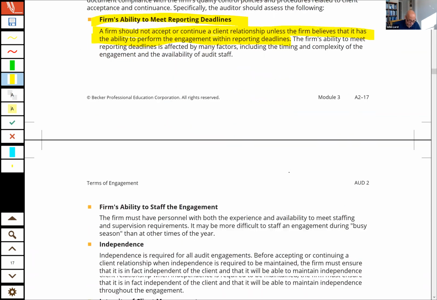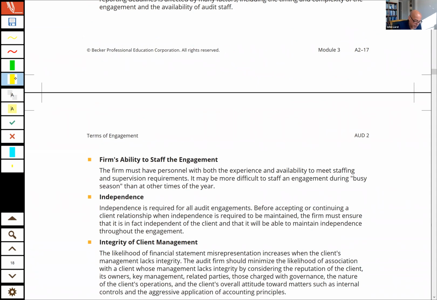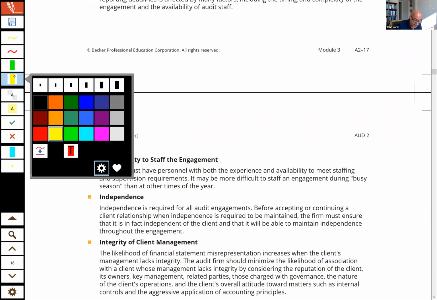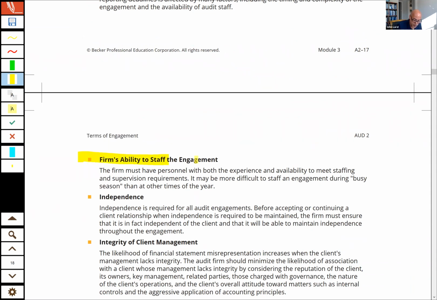So you need to look at the firm's ability to staff the engagement. Not only do you have to have the expertise, you have to have the appropriate personnel. Of course, you have to be independent, and then you want to minimize the likelihood that you will be involved with a client whose management lacks integrity.